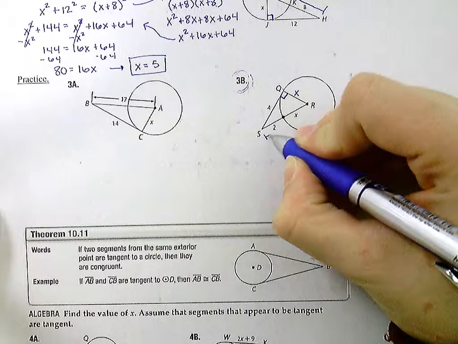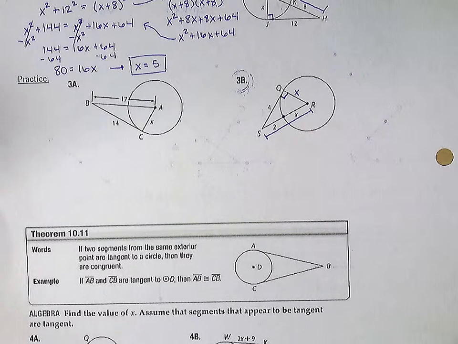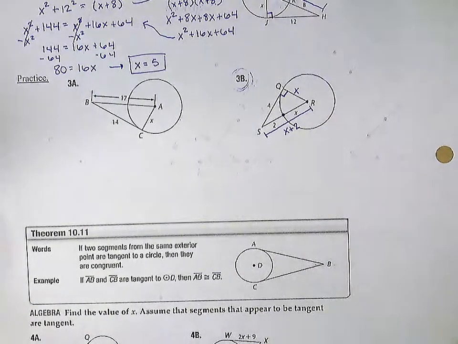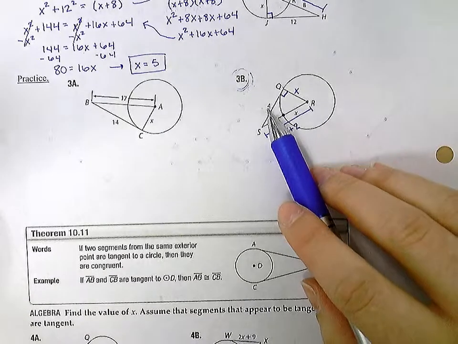I also need the length of SR. I have that smaller section there is 2, and then that x section there. Well, to get the entire length, I need to add those together. This would be x plus 2. So now that I have all my sides of that right triangle, I can use the Pythagorean theorem in order to solve. So my a and b values are my two legs.